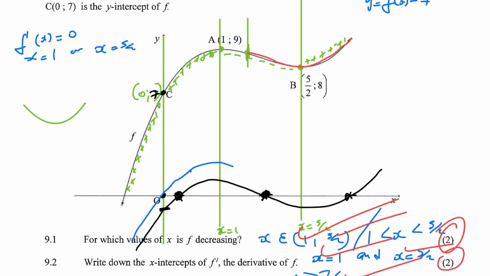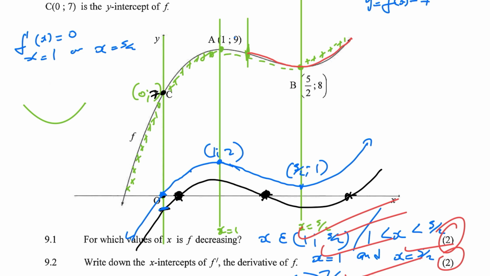So the turning points are at 2 and at 1, and then it goes up like this. This will be 0, this will be 1, and 9 minus 7 is 2, and this will be 5/2 and 1. Make sense?